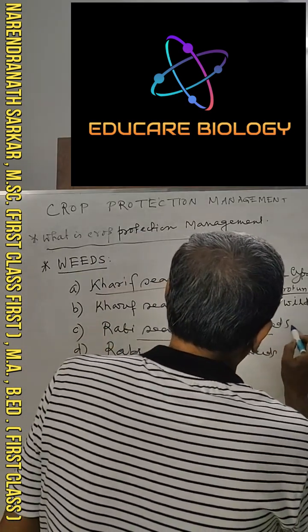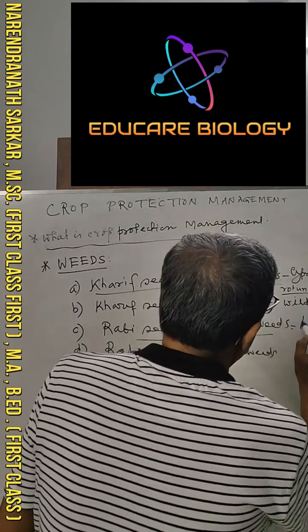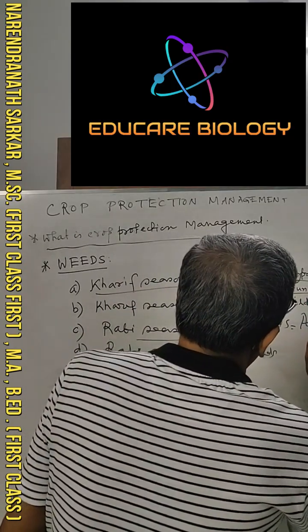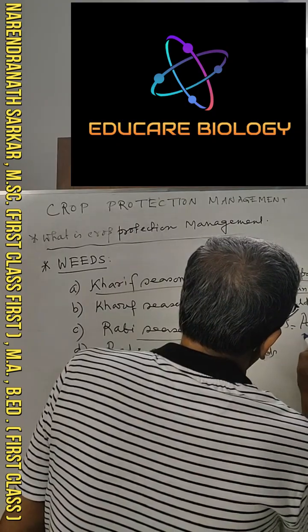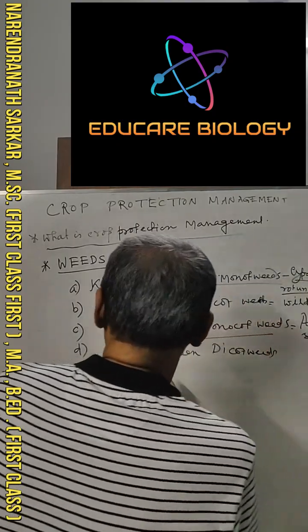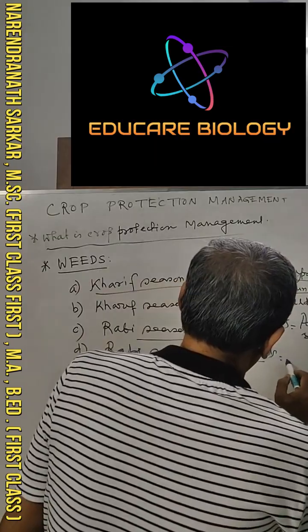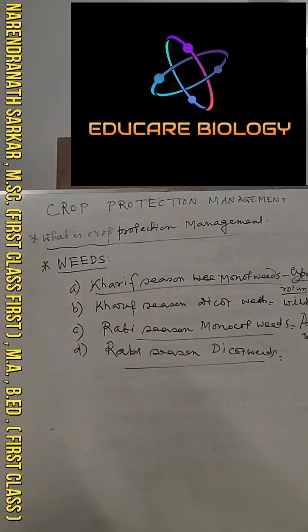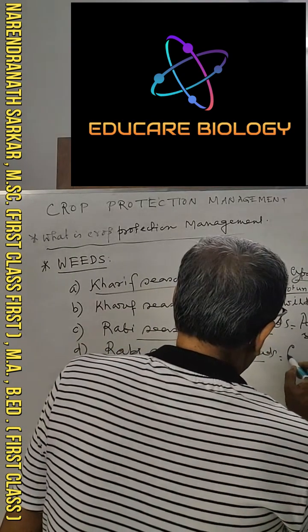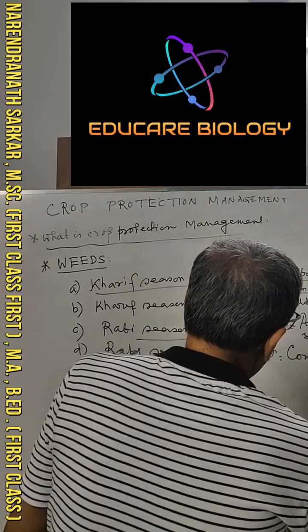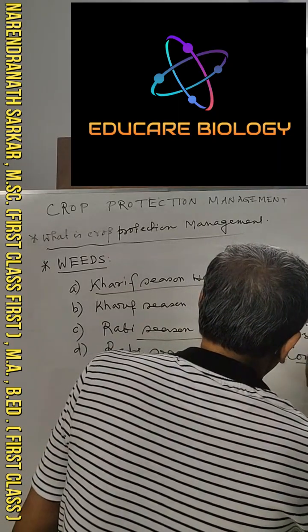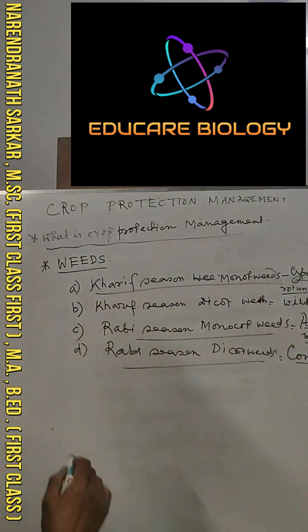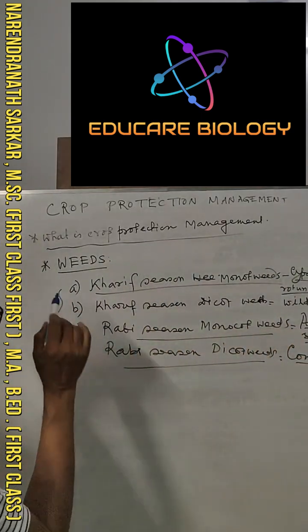Rabi season monocot weeds, Amaranthus species. Rabi season dicot weeds, Convolvulus species. These are the four types of weeds.